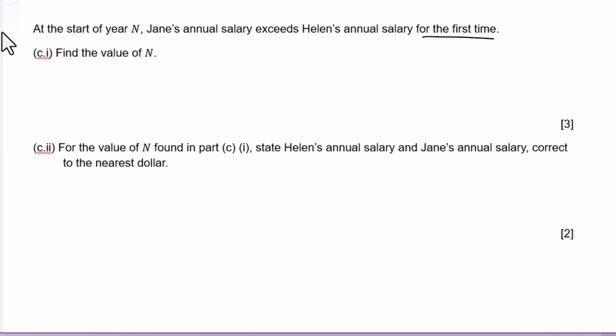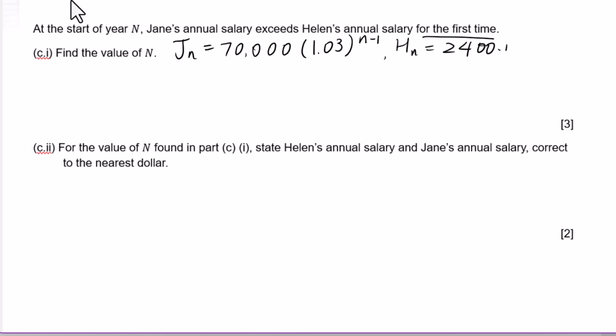Find the value of n. From the previous information, we know G sub n equals 70,000 times 1.03 to the n minus 1th power. H sub n equals 2,400 times n plus 67,600. Jean's annual salary exceeds Helen's annual salary means G sub n greater than H sub n.